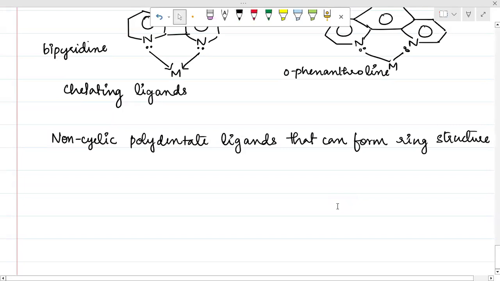Polydentate means more than 2 donors. No, polydentate means 2 can also happen, even 2 or more than 2, that can form a ring structure on coordination with the metal.